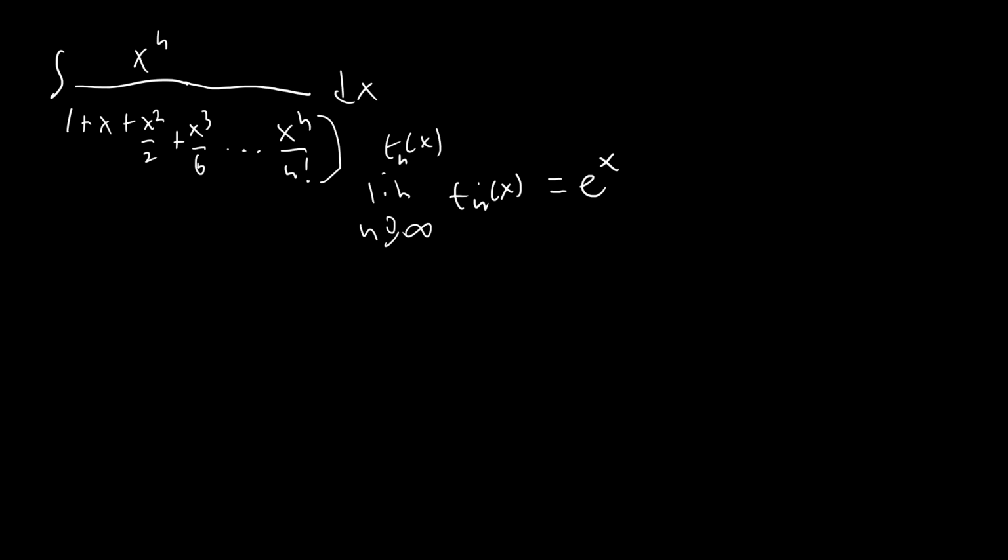I'm thinking maybe here, the defining feature of e to the x basically is that the derivative of e to the x is just e to the x. So if we differentiate this function, we're going to get something pretty similar.